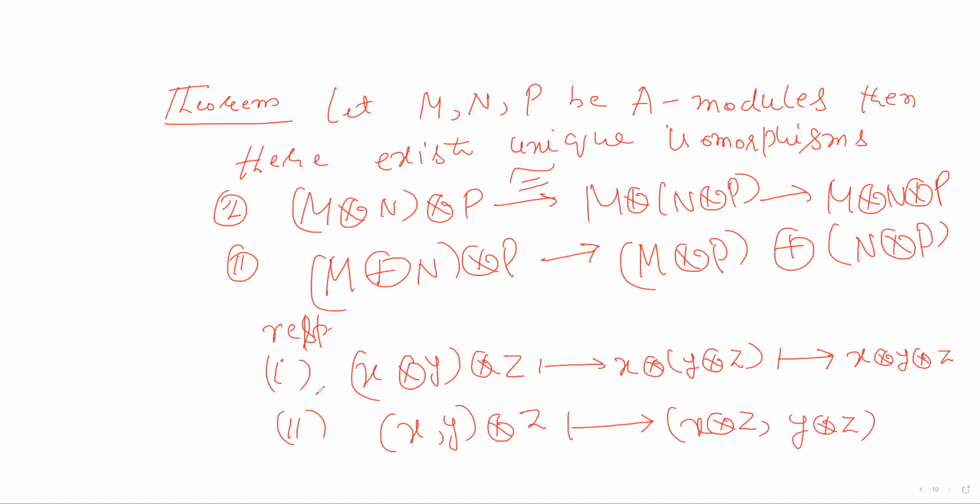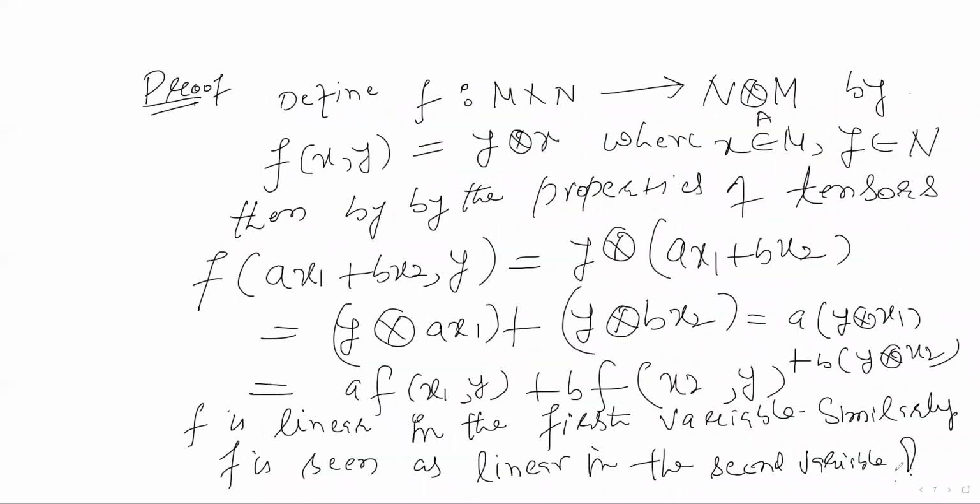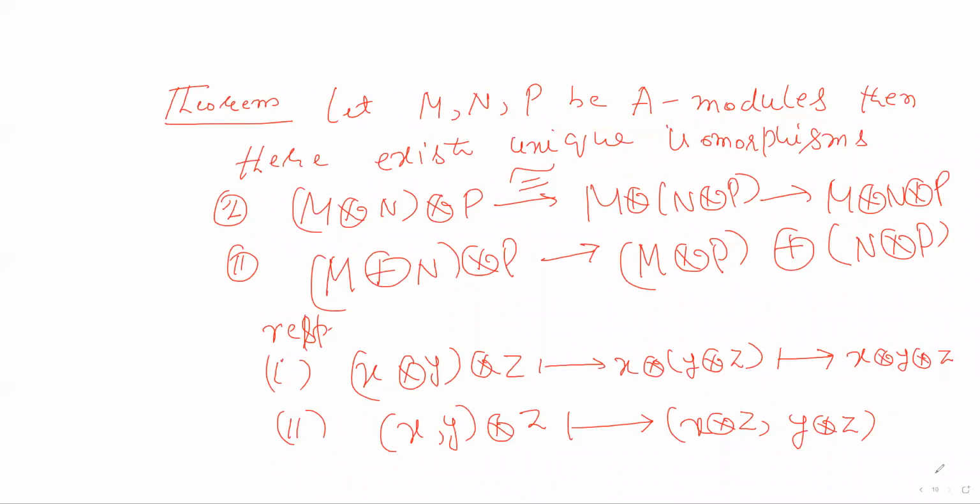Now show that these maps are isomorphisms. So you have to apply a similar argument that we used in this previous proposition. So I leave it for you as an exercise. So do it.